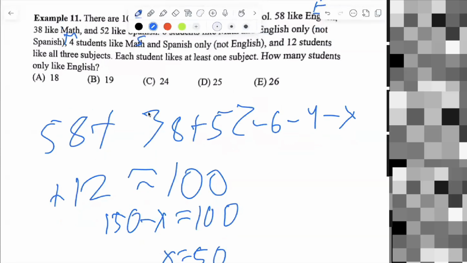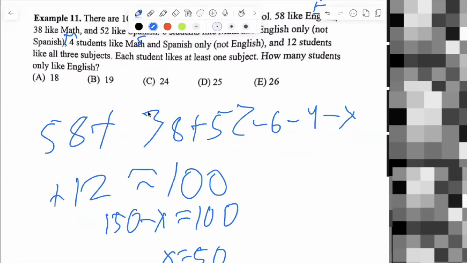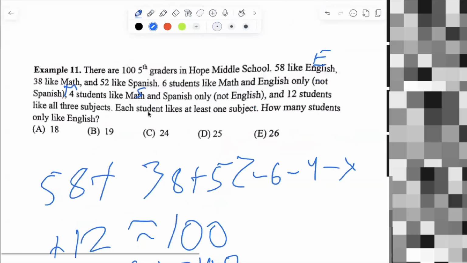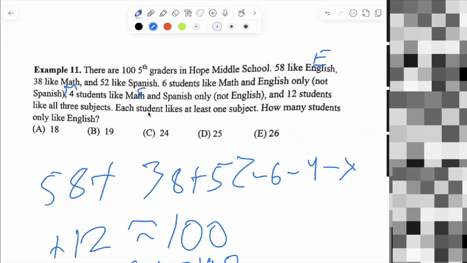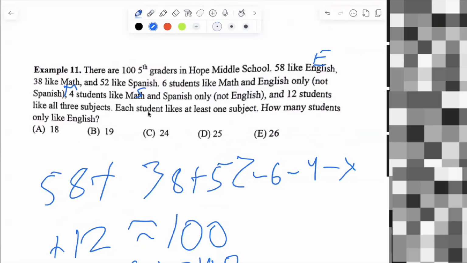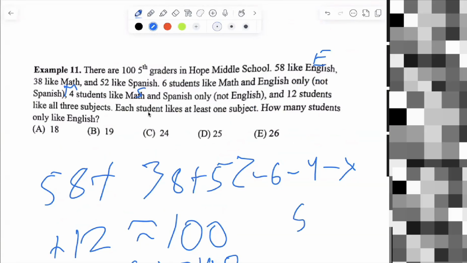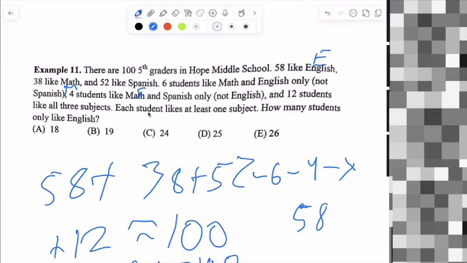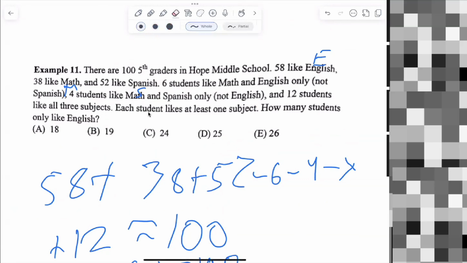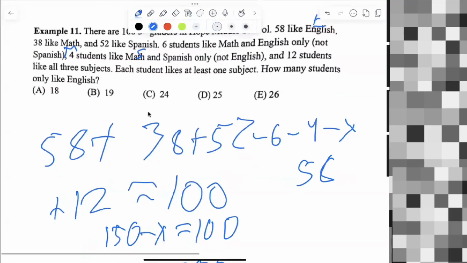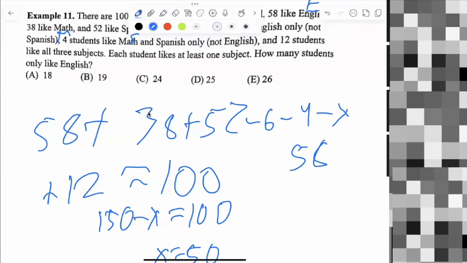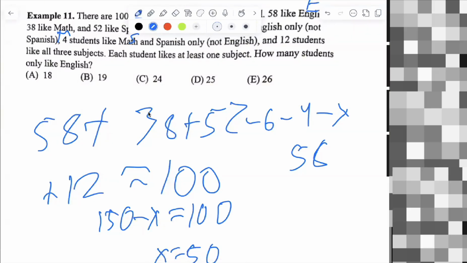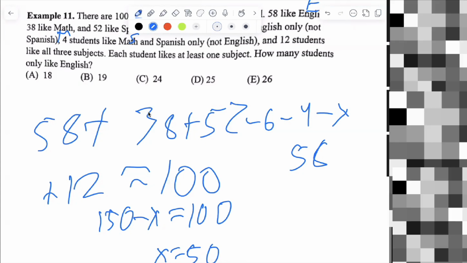They do English or Spanish. Alright. Since there's only 50, we first have to subtract from 58 English. Since there's a total of 58 English people, and 50 of them like English and Spanish.